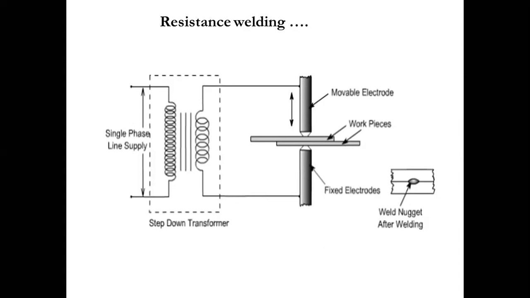If the material which you want to weld is of low conductivity, then you have to replace the electrode and put in high conductivity materials, right? Vice versa, you should change the electrodes based on the material properties, right?